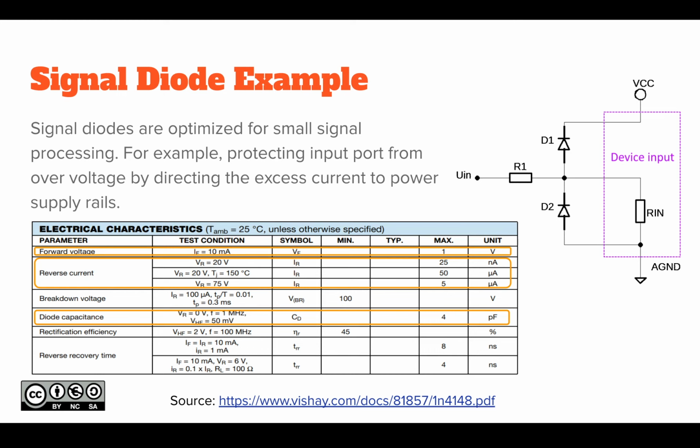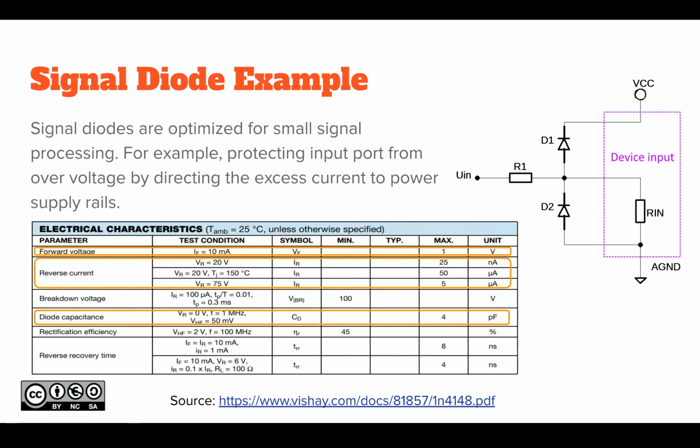This Arduino, for example, can withstand input voltage from minus 0.5 volts to VCC plus 0.5 volts. So there's a half volt safety margin.